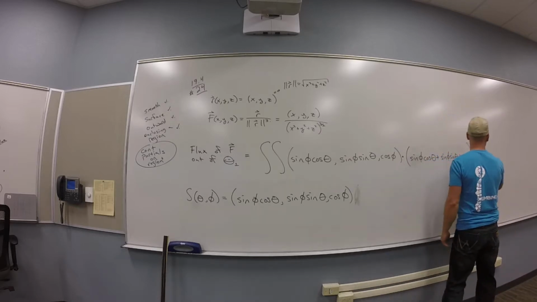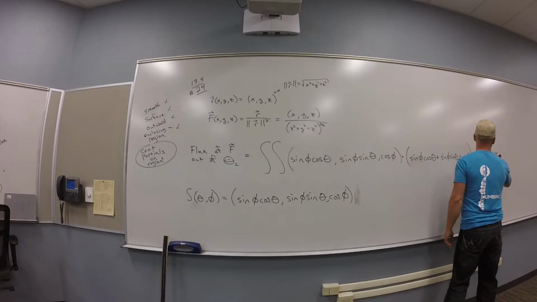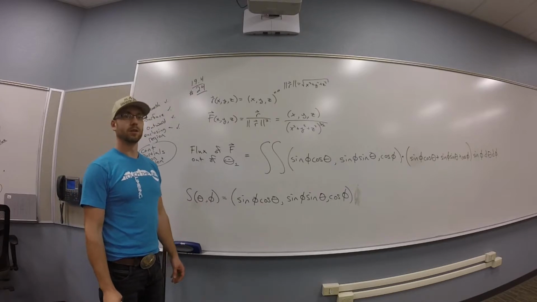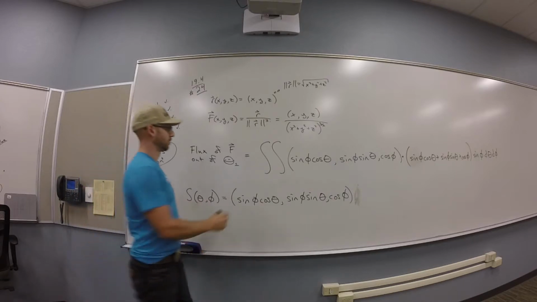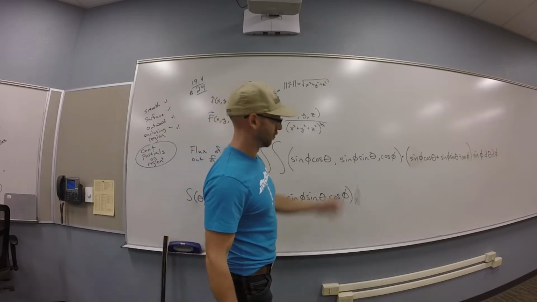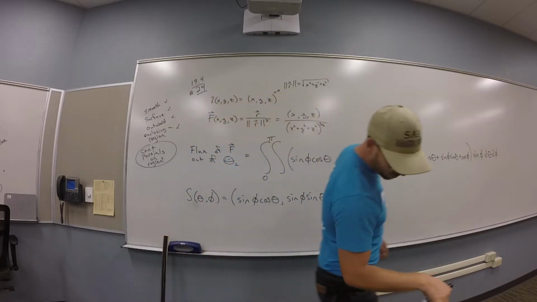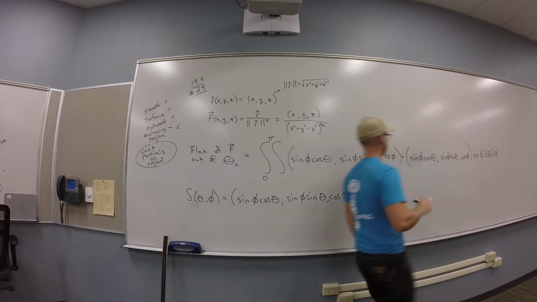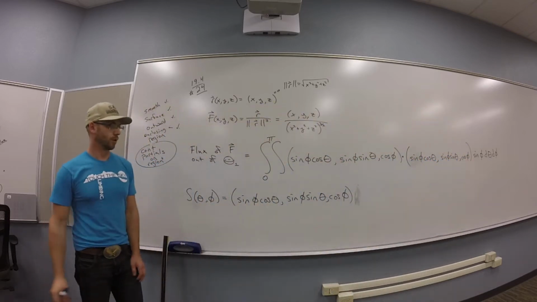So you get a sine phi d theta d phi. And then where does your phi range? Wait, shouldn't that be pluses instead of commas? They had i, j, k in there. Probably, yeah, thank you. Good, cool.